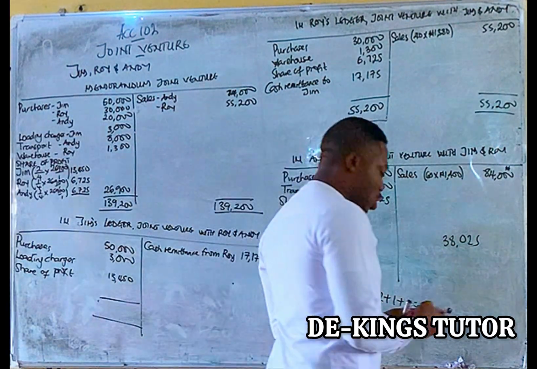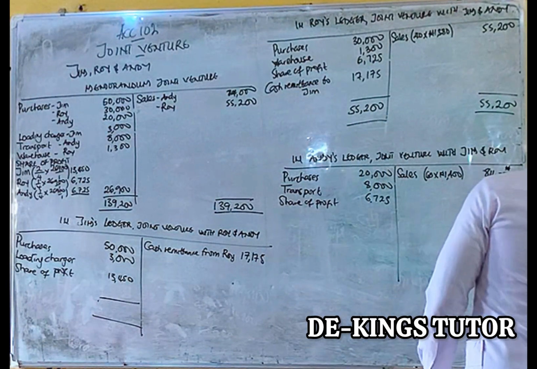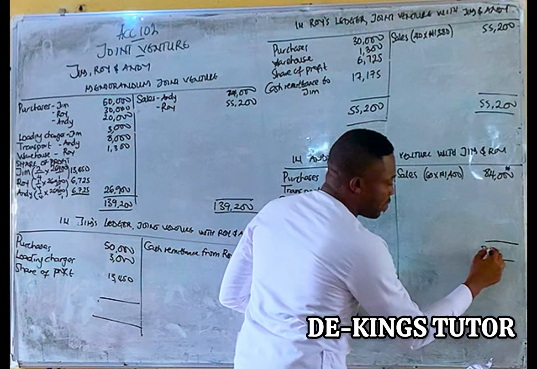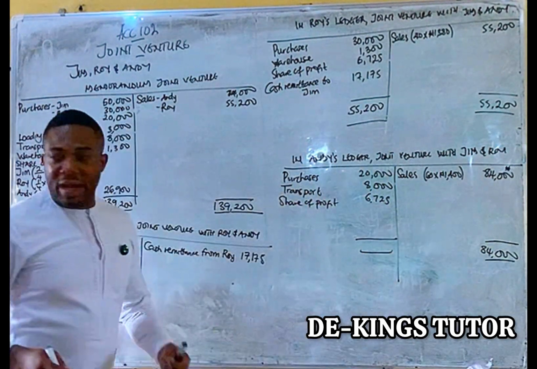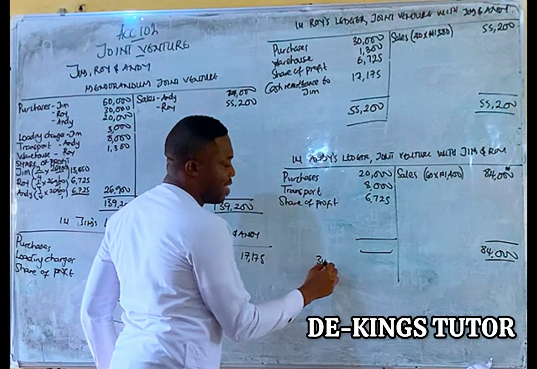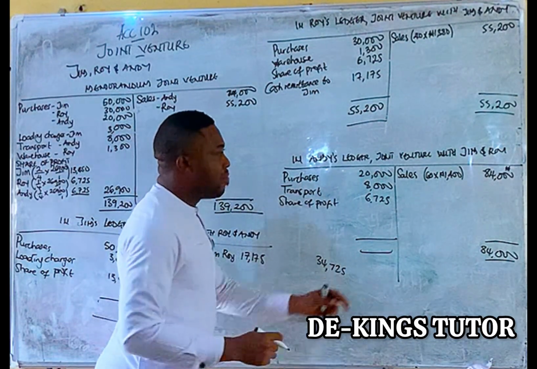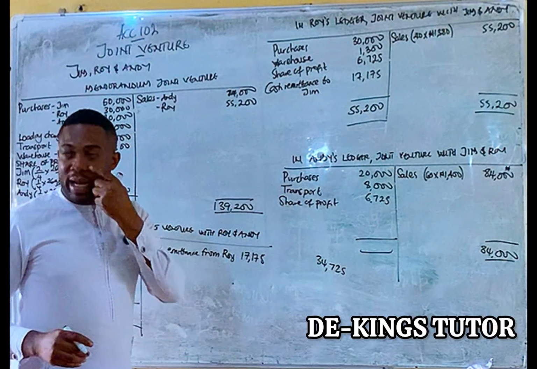Now we are going to balance this also. To balance this, we have this as 84,000. What is the debit side? What's the value there? 34,725. Okay? So it means the credit side is greater than the debit side, meaning there's a credit balance.